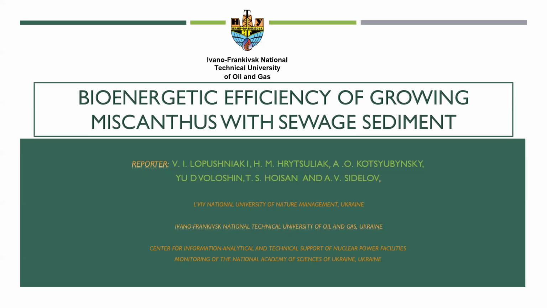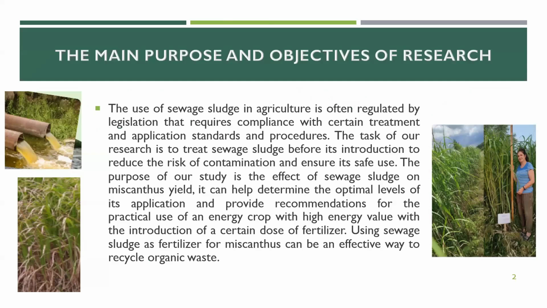Many studies have established the effectiveness of employing sewage sludge on various types of soil, including under miscanthus, and increasing the biomass collection at various doses of its application. However, the issue of bioenergetic efficiency of using sewage sludge for miscanthus is little studied, which led to the implementation of our research.